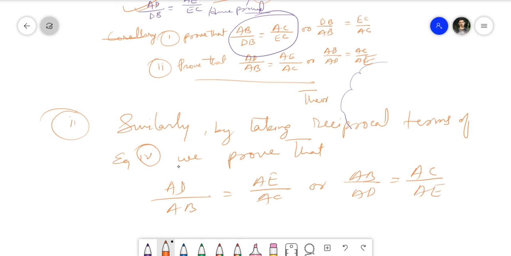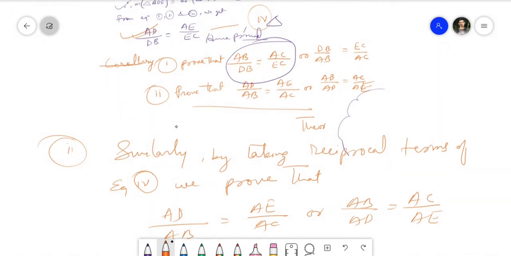So you just have to find that one, AD. You just see whether you can get it or not. We can prove it just by putting your equation number 4 over here. You can do either minus or plus. Just now we have done plus, so you try with minus, you will get the same answer. Okay, so this was your BPT. I hope you have learned.